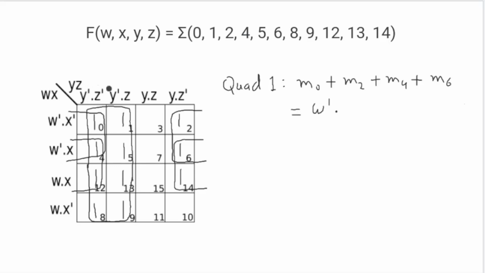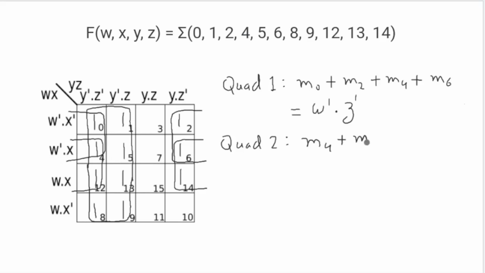And if we look at the top column, Y is changing the state, but Z complement is same, so we'll take Z complement. Let us move on to the next quad over here. So we'll say quad 2. Then we'll identify quad 2, and this time it is M4, M6, M12, M14.